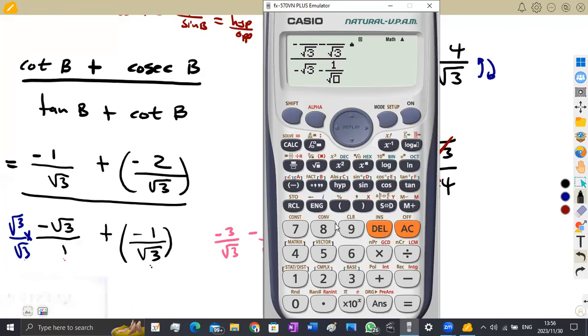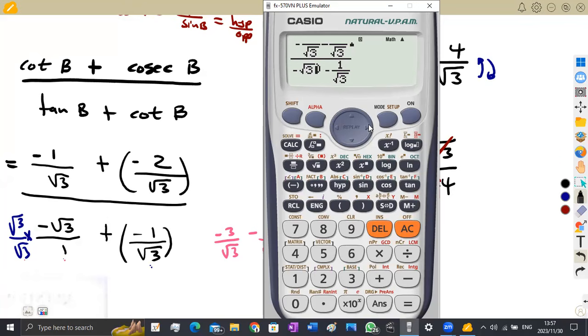All right, so let's have it this way. You can just use your calculator to prove this, and it gives us an error with the square root of 3 minus. I don't know what they want us to do here, maybe just have a bracket. Let's try and have a bracket of everything.